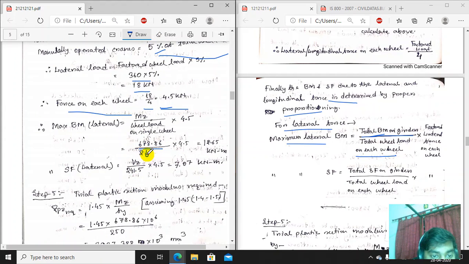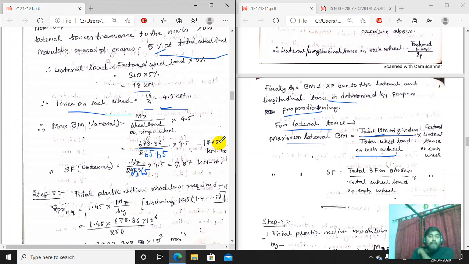It will be 265.65, and it will also be 265.65. These two are the values that we have to consider.